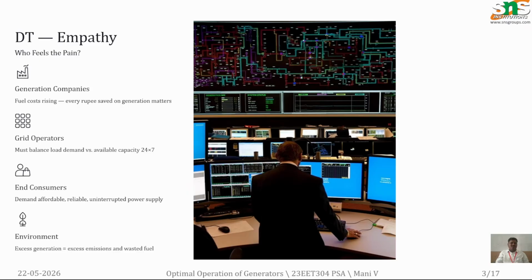The end users need the power to be affordable, reliable, and uninterrupted. For the environment, excess generation gives excess emission and wastes fuel. These are a few of the points to empathize.